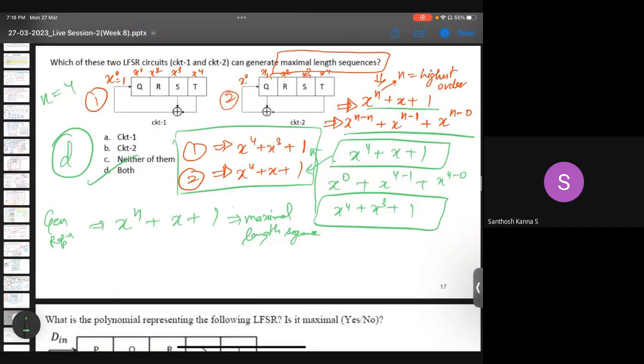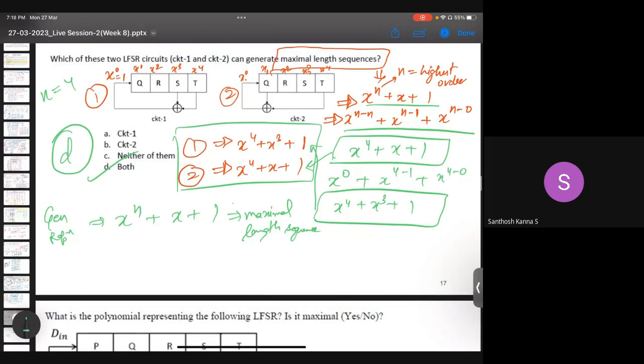And for certain cases, when the bits are even, as you can see, there are 4 bits, there is one more answer to the same question, which is x to the power n minus n, x to the power n minus 1, and x to the power n minus 0. It is nothing but x to the power 0 plus x to the power n minus 1 plus x to the power n. So if I write it, it is x to the power n plus 1. Is it fine till here?